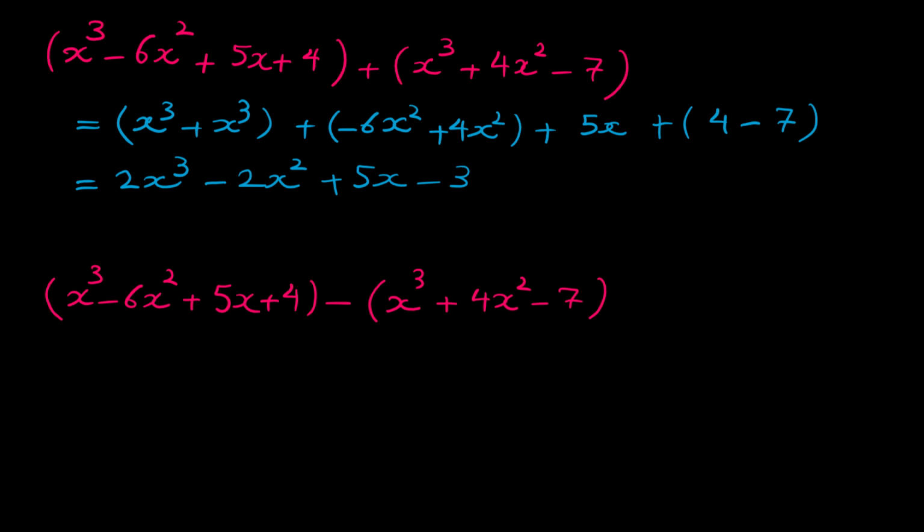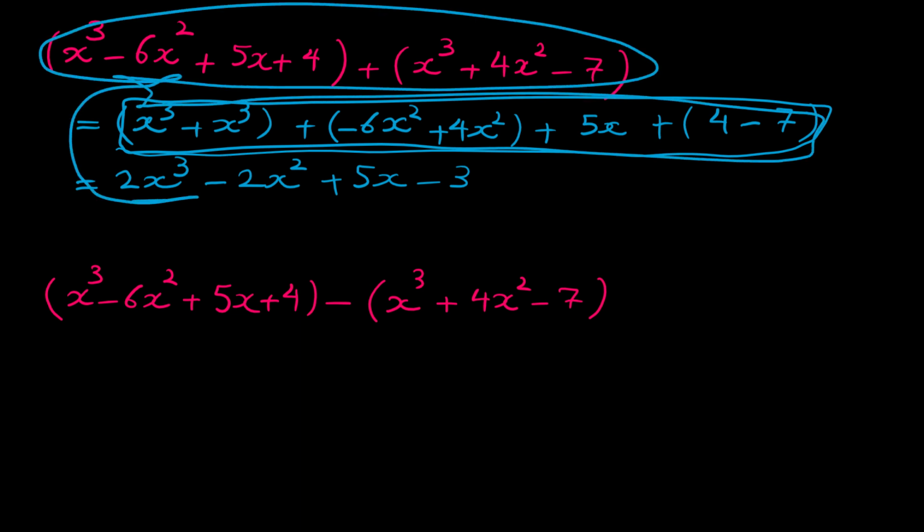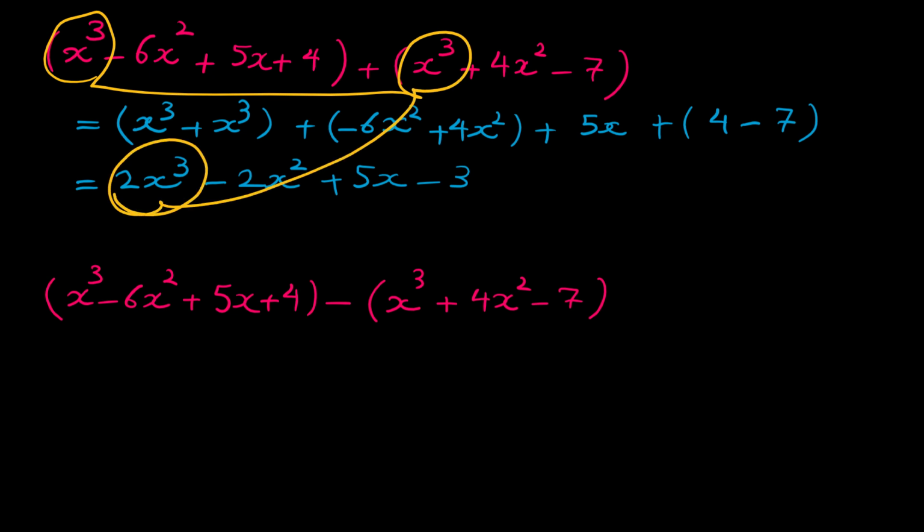Please pay attention. Really, this middle step is not necessary, and gradually you have to be able to move from here to this answer. And it's not really hard to find the answer without the grouping. x to the 3 plus x to the 3, 2x to the 3.